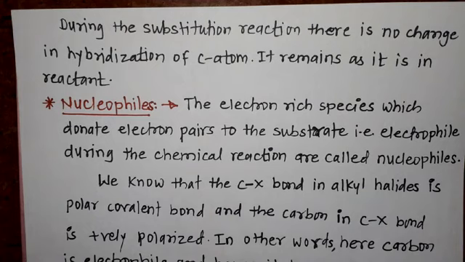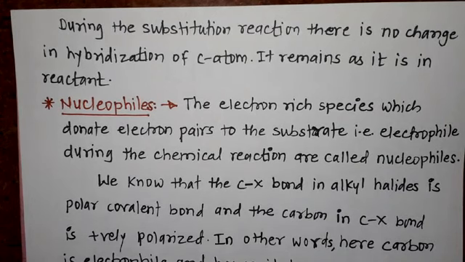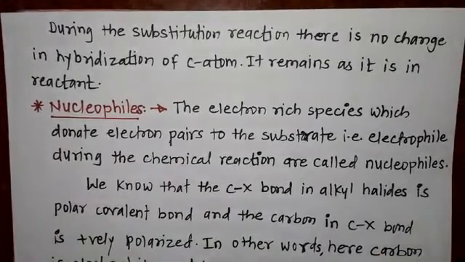It remains as it is in reactant, means the original type of hybridization of carbon atom present in reactant, if it is sp3, then during the substitution reaction there is no change of hybridization of this carbon atom, it remains as it is in reactant. Now in the substitution reaction, here we deal with nucleophilic substitution reaction.